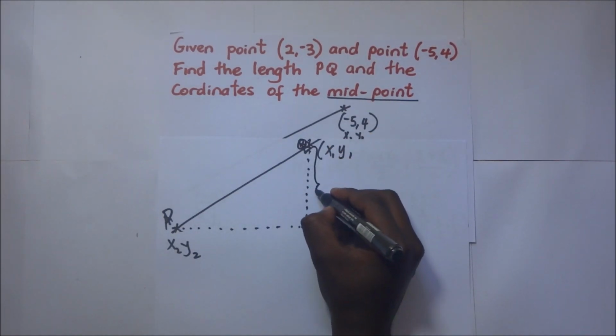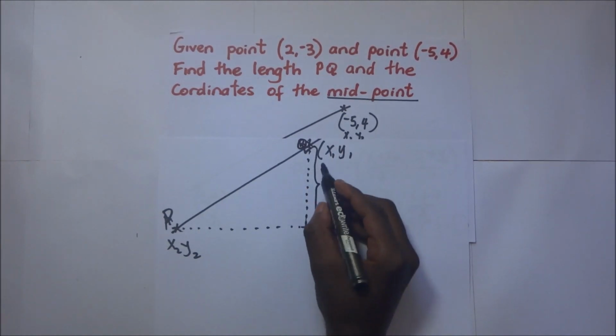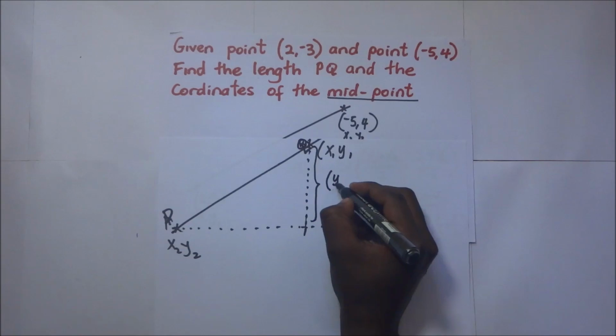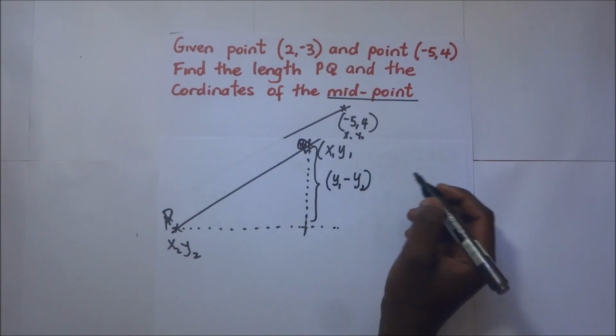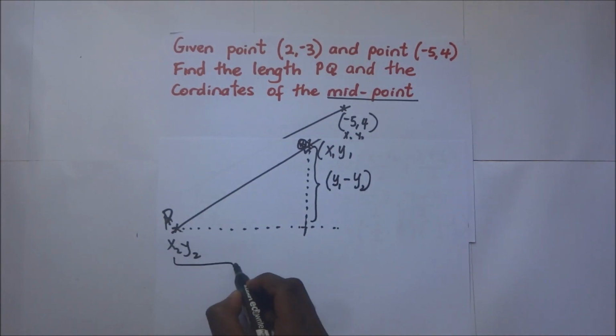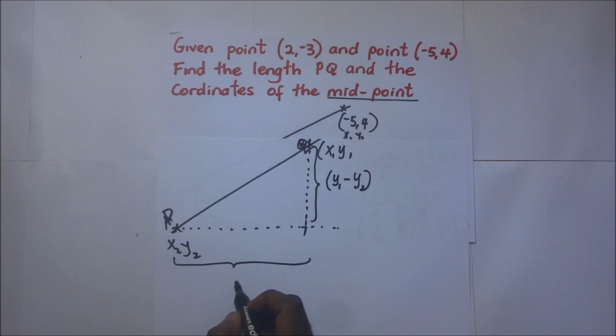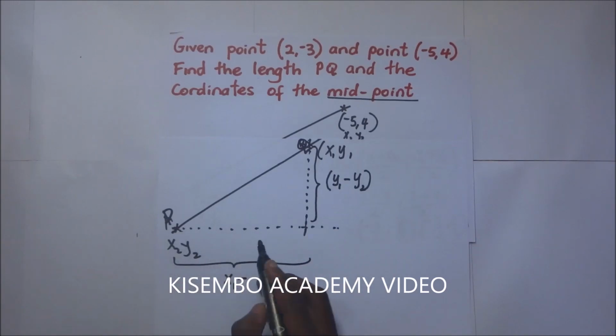So to get the length of this side, this is the y-intercept, it's going to become y1 minus y2. Then to get the distance on the x line, it's going to be x1, the value of x here, minus the value of x here. So it's x1 minus x2.